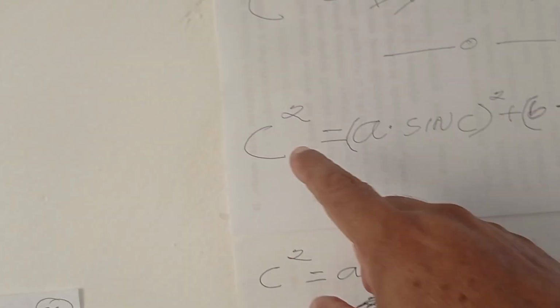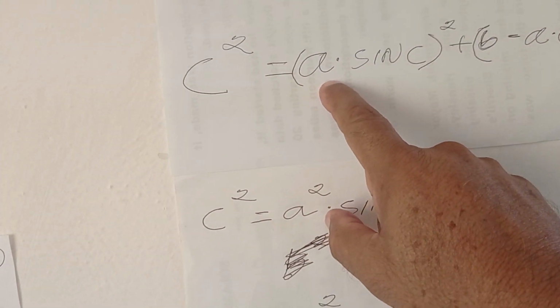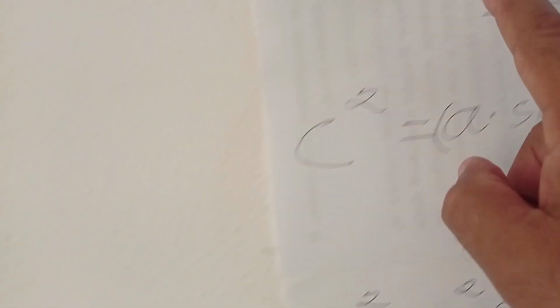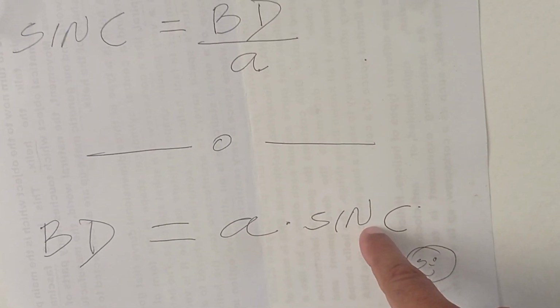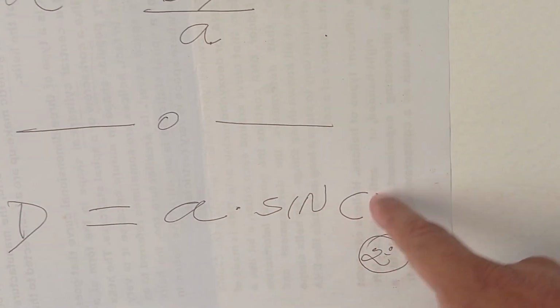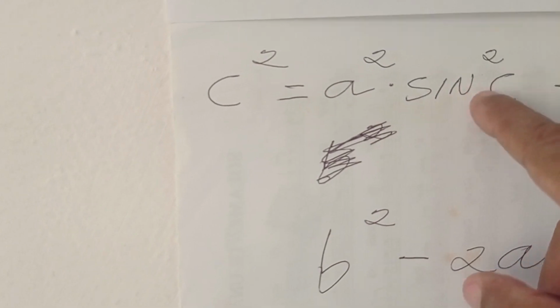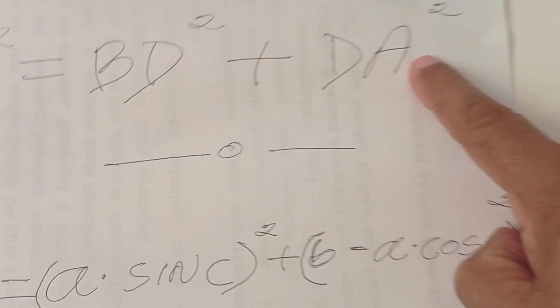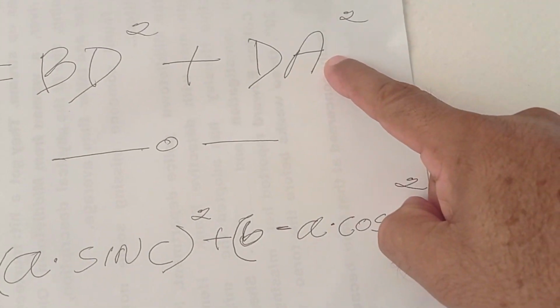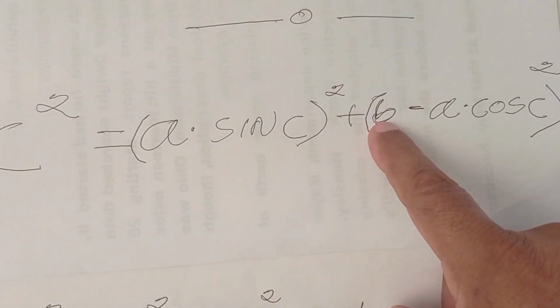It means that C squared equals A multiplied by sine of C squared, because BD is this, A multiplied by sine of C, squared, plus, who is DA?